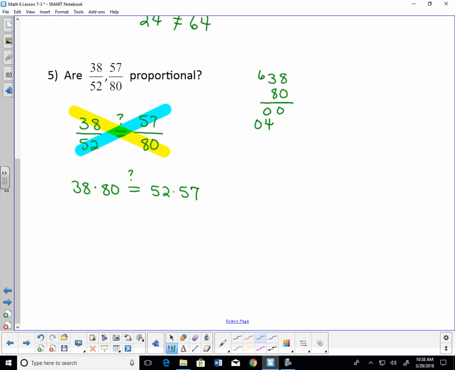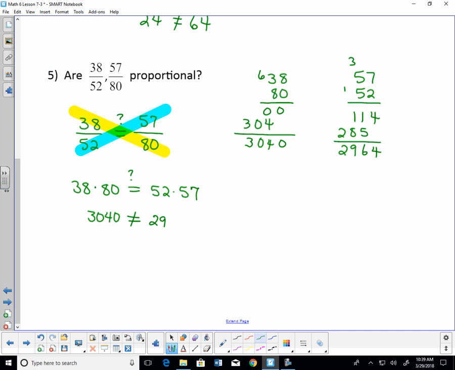So this becomes 3,040. 57 times 52. 2 times 7 is 14. 2 times 5 is 10, plus 1 is 11. 5 times 7 is 35. 5 times 5 is 25, plus 3 is 28. That gives 2,964. 2,964 is not equivalent to 3,040, so no, these ratios are not proportional.